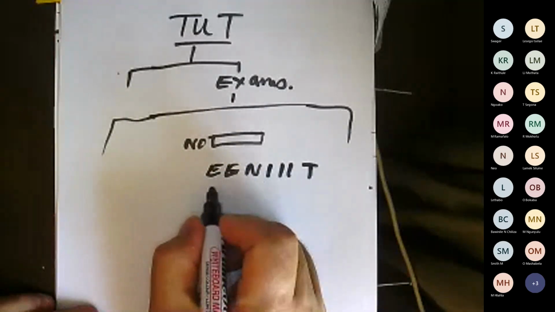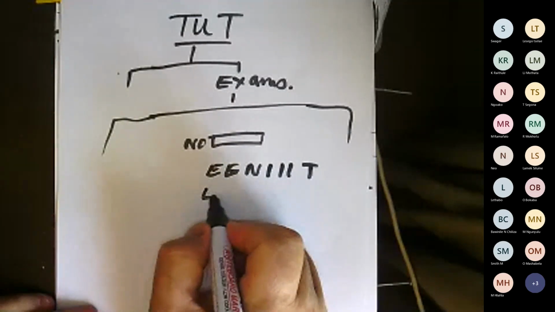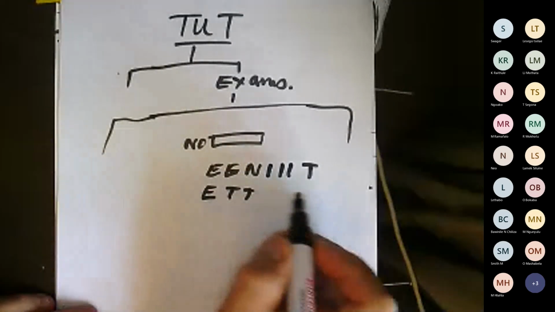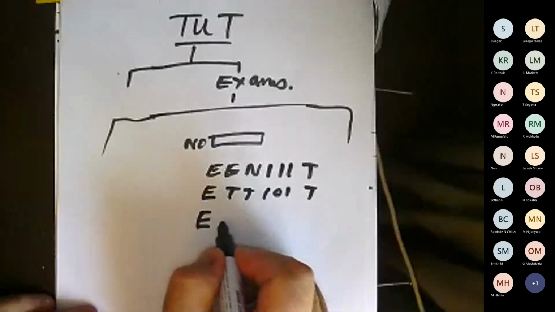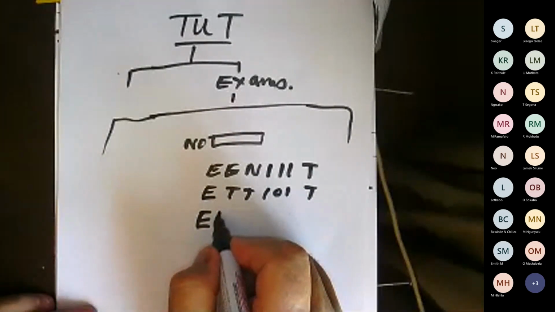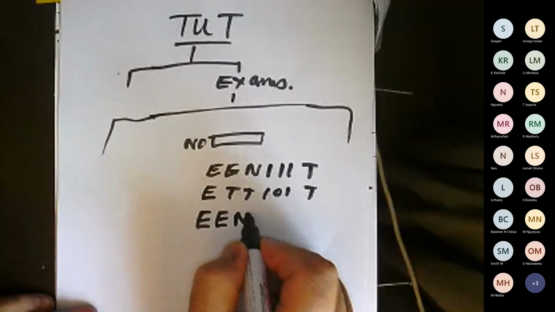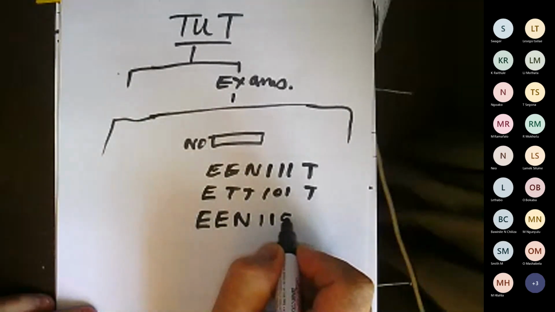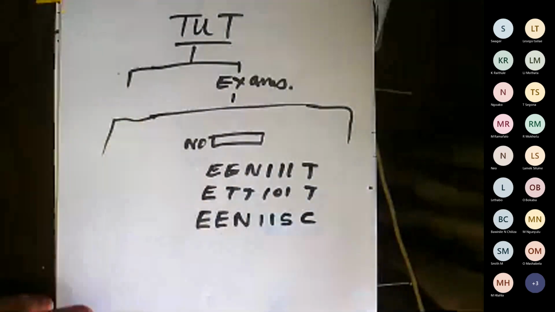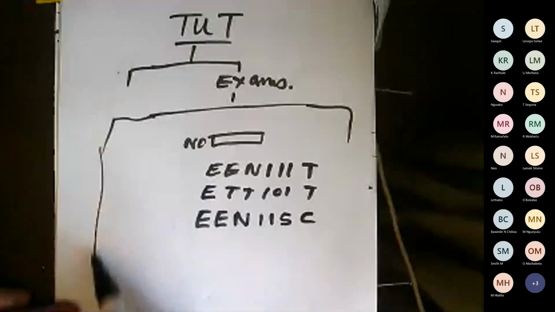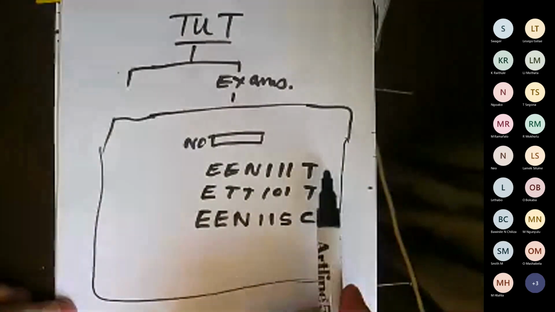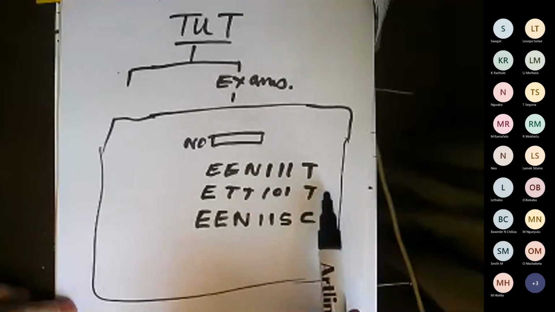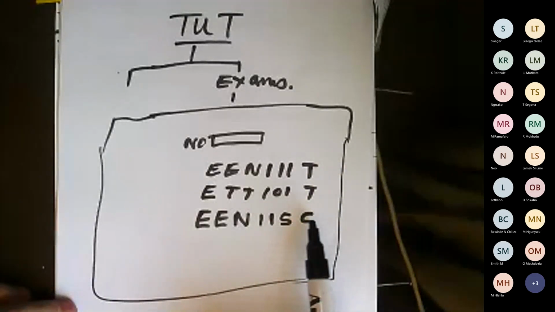And then also ETT 101T and also EEN 115C. There's 3 subject codes for you. You type in the subject code there, and the exams department will show you then papers for this one. There's about 30 papers here. About 30 papers here. There's about, I don't know, maybe about 10 papers on this one.